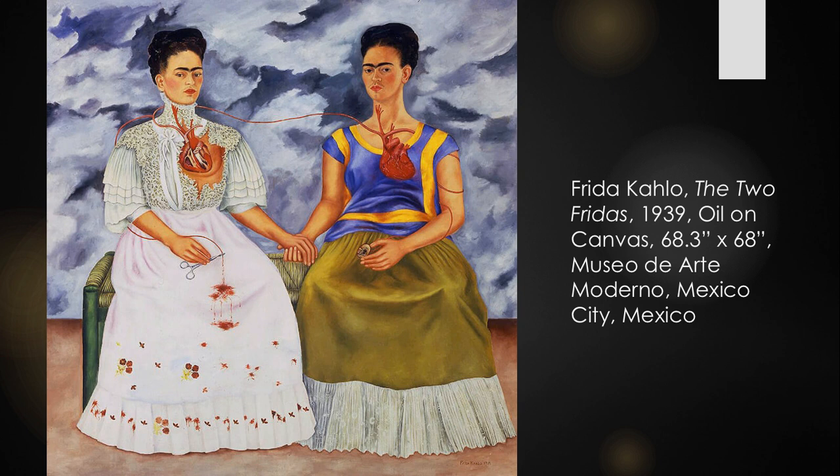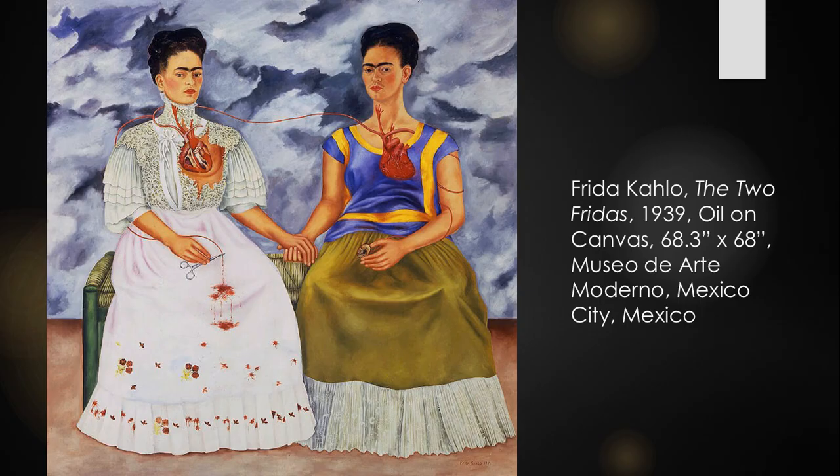So this painting by Frida Kahlo is an example of that. It was painted in 1939. It's called The Two Fridas. This is a self-portrait. It includes expressions of conflicting cultures within her. On the left, she's wearing a white European Victorian-style dress.